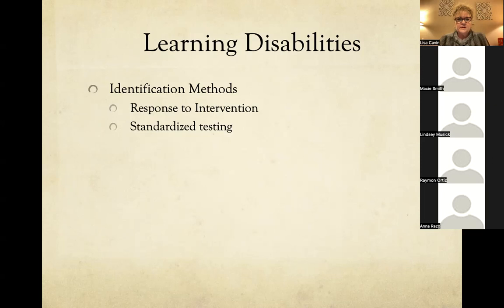Another way to identify learning disabilities is through what we call standardized testing or assessment. That's where we have somebody like me who works in the schools, called an educational diagnostician or a school psychologist, who will do a formal evaluation with the student, an IQ assessment, and then assessments with achievement tests of their math skills, reading, writing and listening skills, and compare those scores.